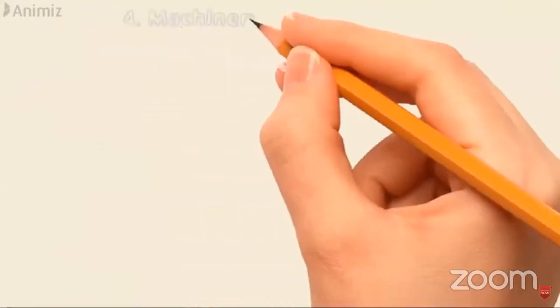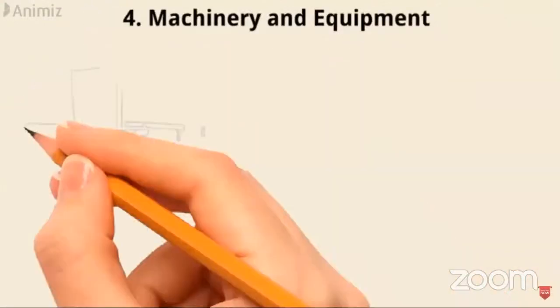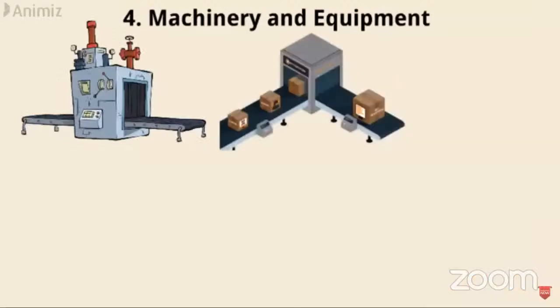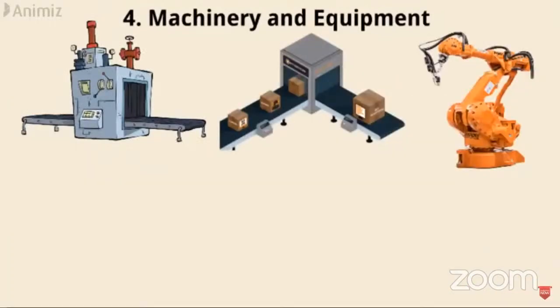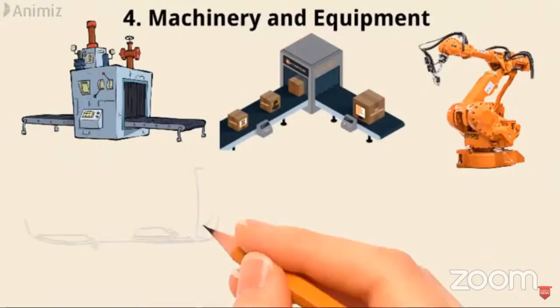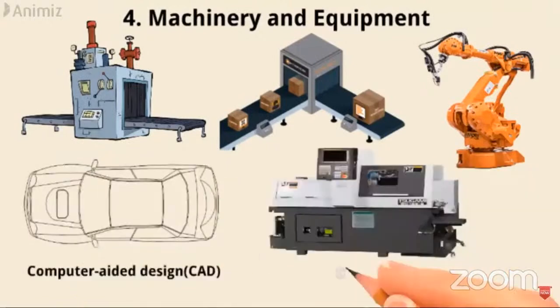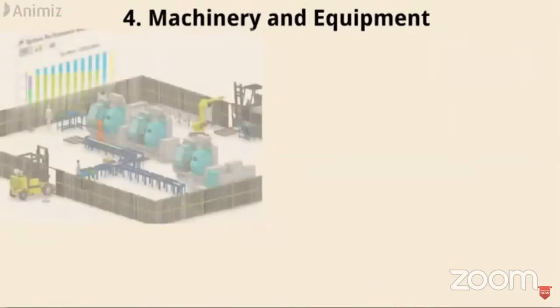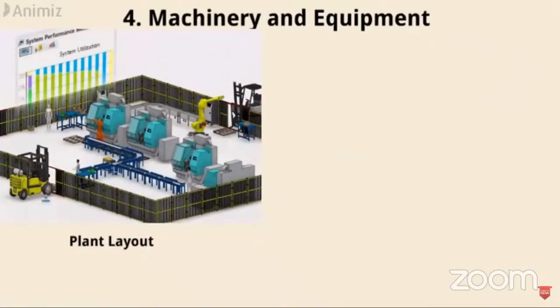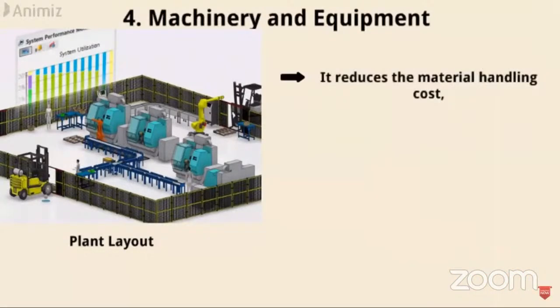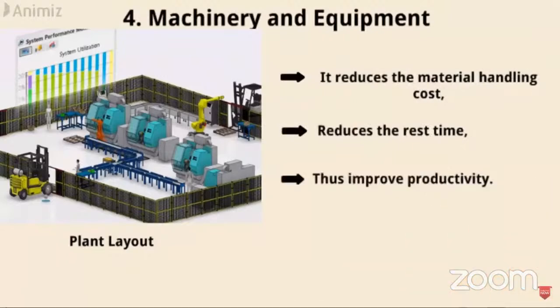For machinery and equipment, machines, conveyors, robots all are important factors in productivity. Computer-aided design and CNC have become an essential ingredient in productivity improvement. It helps to make complicated parts very easily. And the proper layout of the plant and machinery is very important to increase productivity. It reduces the material handling cost, reduces the rest time, thus improve productivity.